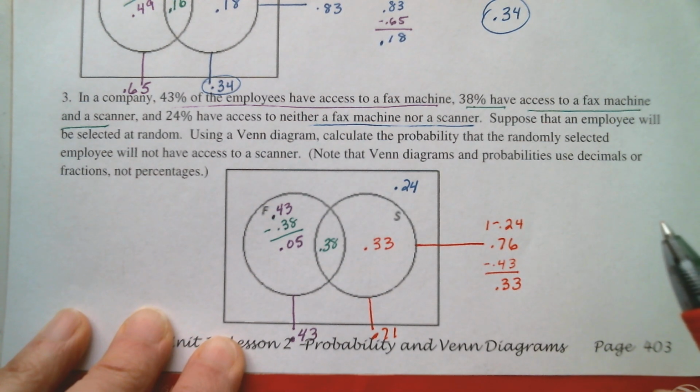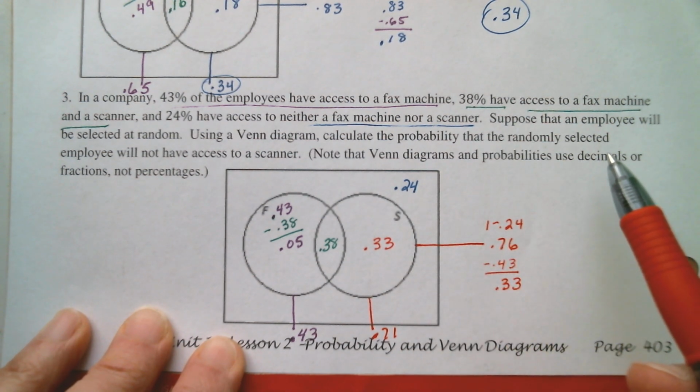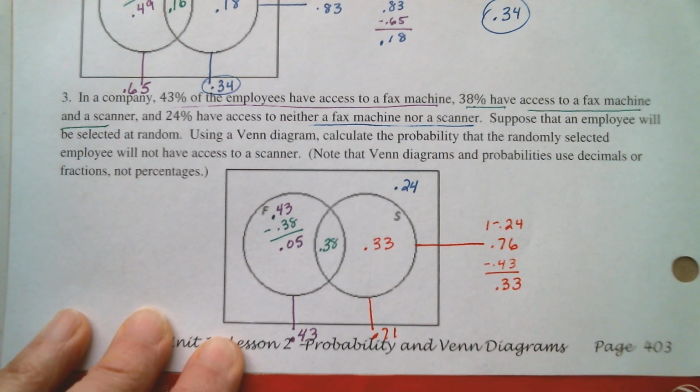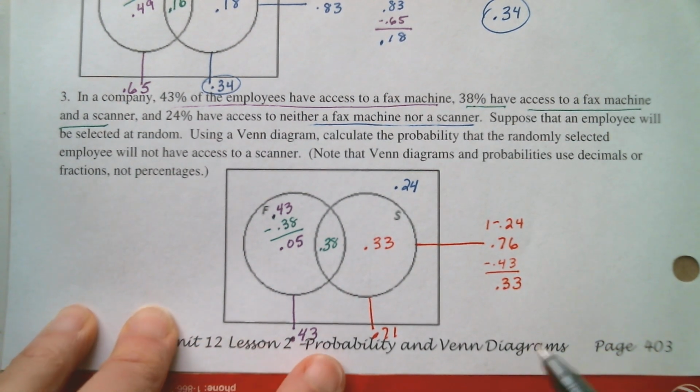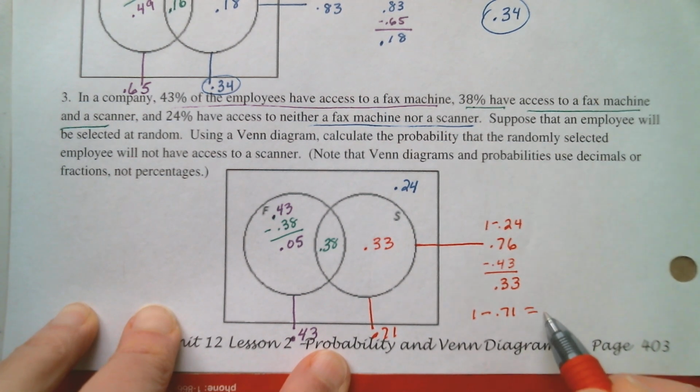So 0.71 do have access to a scanner. So the probability that a randomly selected employee will not have access to a scanner is 1 minus that. So it would be 1 minus 0.71, which is 0.29.